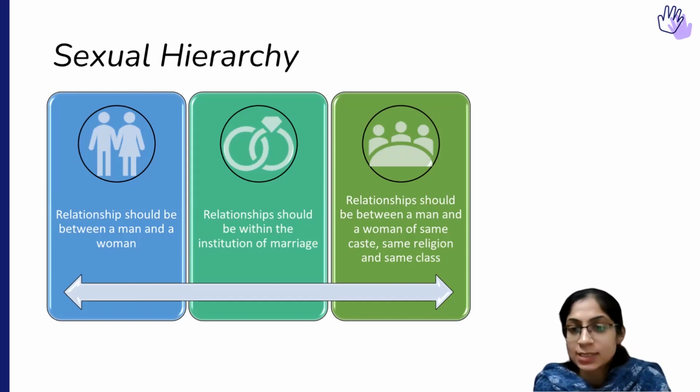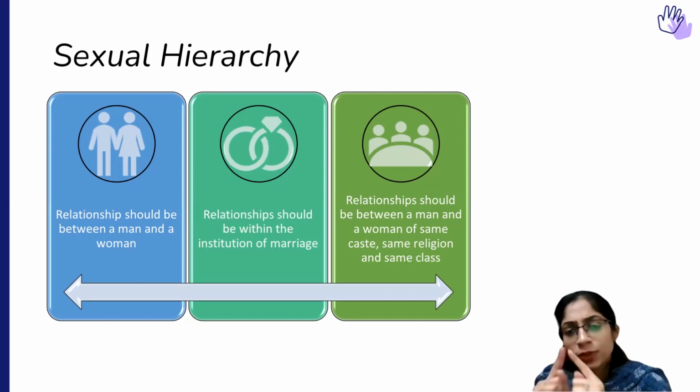Okay, society has accepted their marriage, okay. Now, this relationship between a man and a woman should be between the same caste, same region, same religion, same class, right? So that is the ideal type of sexual relationship in the society.